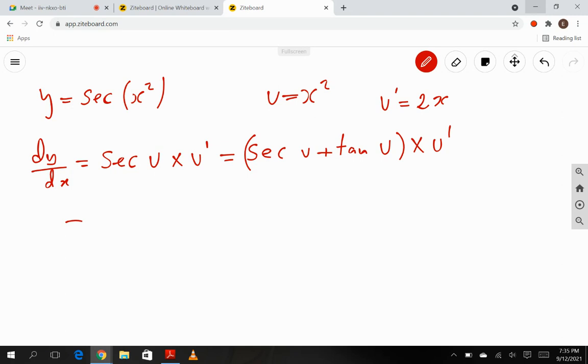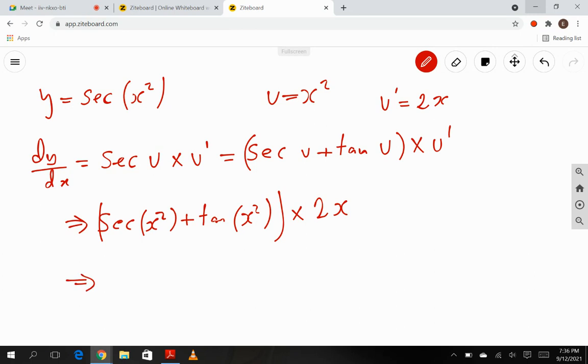Then at this point you just have to replace u prime and u, then you've gotten your answer. So you say sec x squared tan x squared, then everything multiplied by 2x.